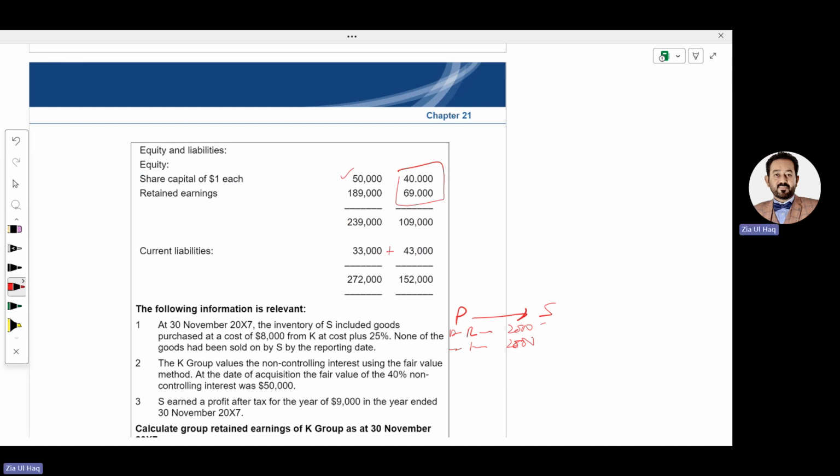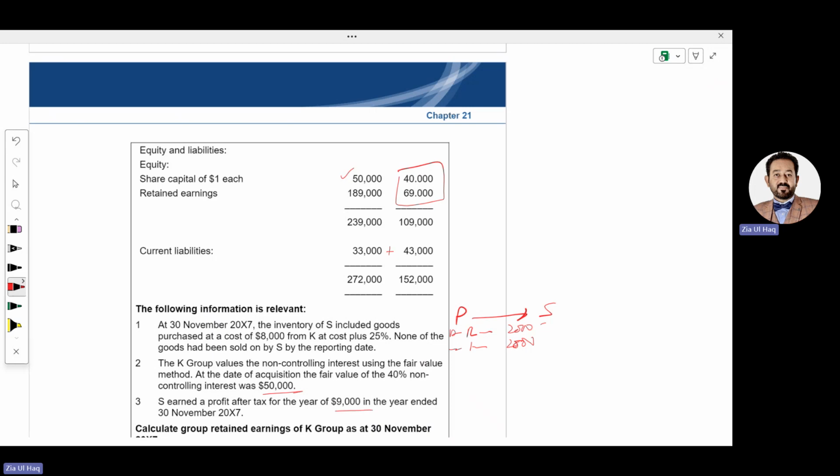The K group values non-controlling interest using the fair value method. At the date of acquisition, fair value of 40% non-controlling interest is used for calculation of goodwill as well as the non-controlling interest figure. S has earned a profit after tax for the year of 9,000.